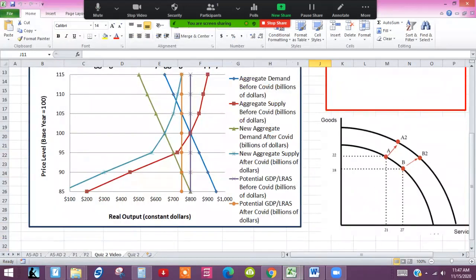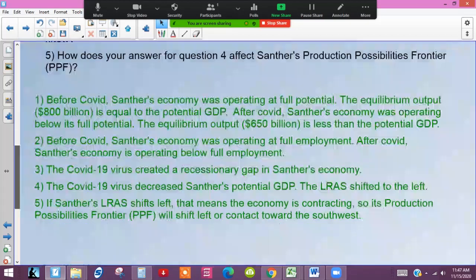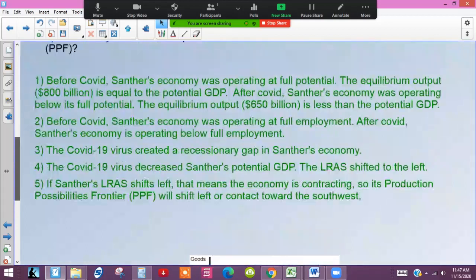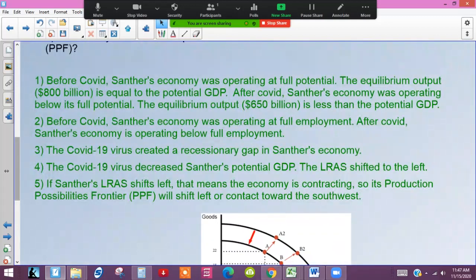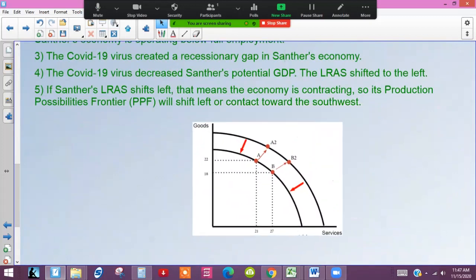Actually, right here, right? So it actually went from out here down, so it actually shrunk. So we could say that the production possibilities frontier shifted inward to the left. I thought I actually had that somewhere. Oh yeah, here it is. Okay, I did have it. It's way down here at the bottom. Okay, so it went this way, right?